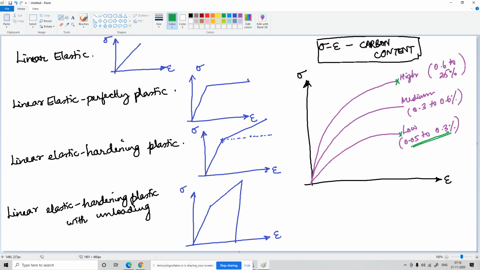It cannot resist much stress. So the more the carbon content, the larger the stress level it can attain. This is for the high, this is for the low, right? So a high amount of carbon content can lead to a larger stress as compared with a low concentration.